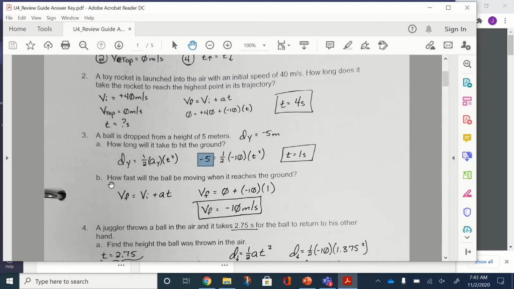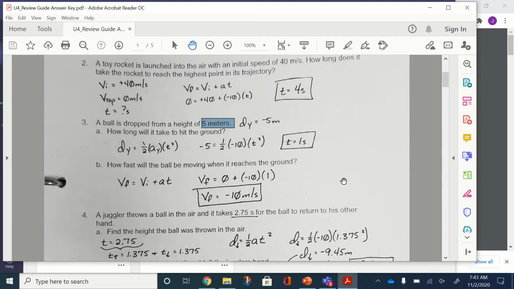And then this kind of letter B should have been relatively conceptual once you realize how long it was falling for. I could have gone back to what was provided up here with the 5 meters and used VF squared equals VI squared plus 2AD, and I would have got the exact same value, all right? Twice of that 5. Move it on over, take the square root, you would have got 10. All right, it would have worked out to be 100. Square root of 100 is -10.